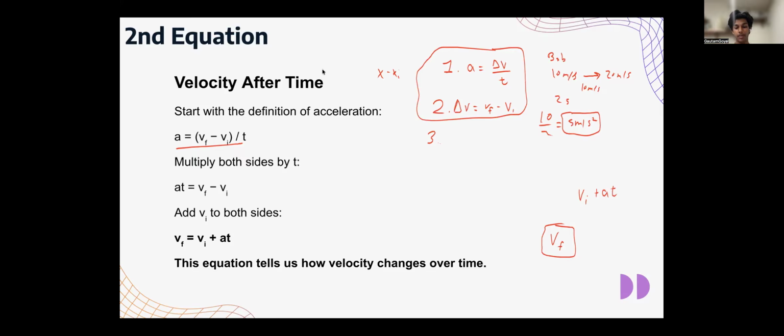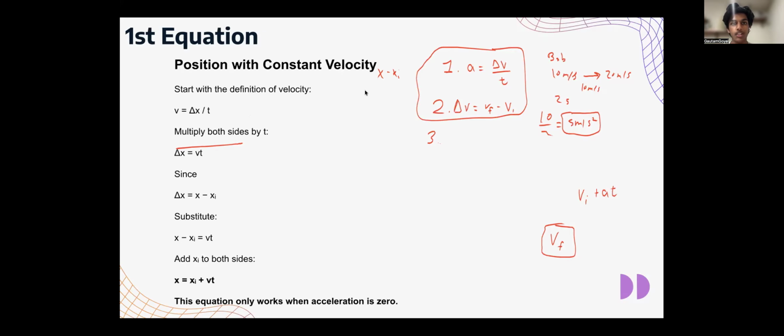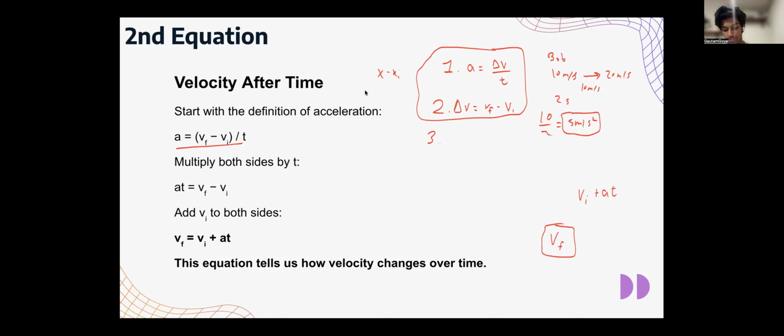In both slides, the first two steps, we're just defining what delta X was in the first equation, right? Now I can use both of these definitions to create the equation. What I'm going to do right now is keep it as A equals delta V over T. And then again, I want to keep the velocity on its side, right?